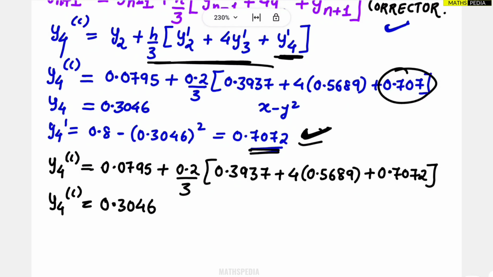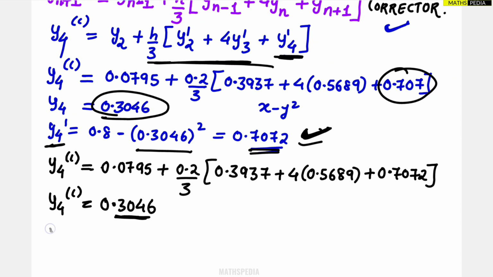Now the thing is that we have got exactly the same value as the y4 we calculated over here. That means y4 dash also will remain same. So y4 dash if you substitute also, then also it will be the same value. Okay.